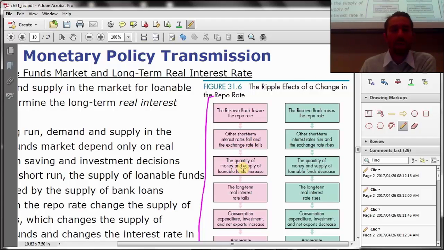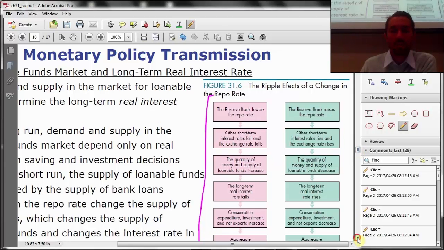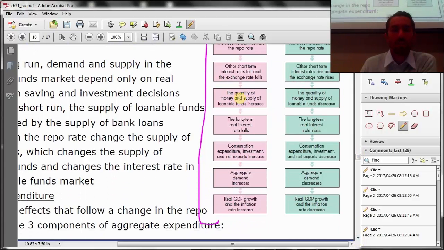The quantity of money and the supply of loanable funds increases. Long-term interest rates fall, consumption, expenditure, investment, net exports, all of those things increase. Aggregate demand increases, GDP increases, but so does inflation.